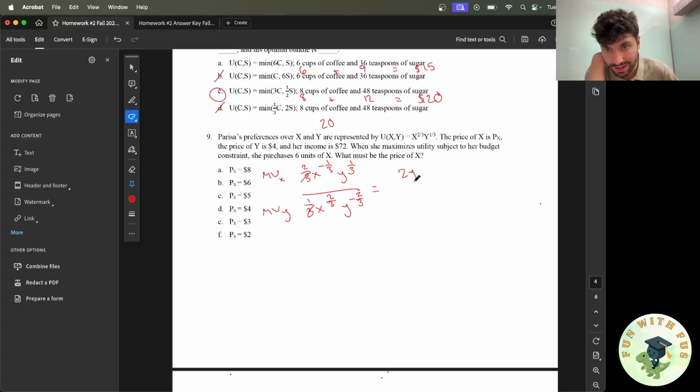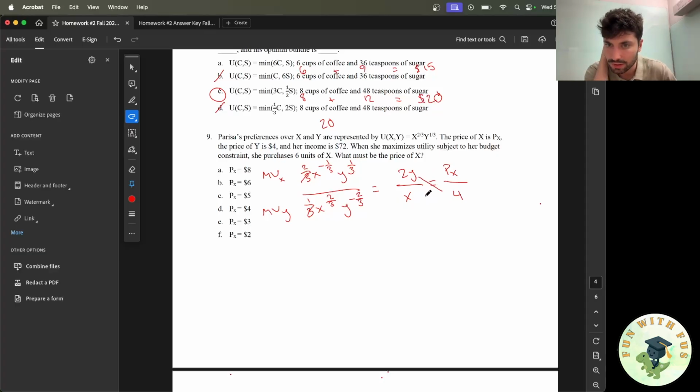So 2y over x. That is our MRS, which is equal to our MRT. And our MRT, we don't know the price of x, so I'm going to leave that as a generic price of x. But we are given that our price of y is 4. Yippee!